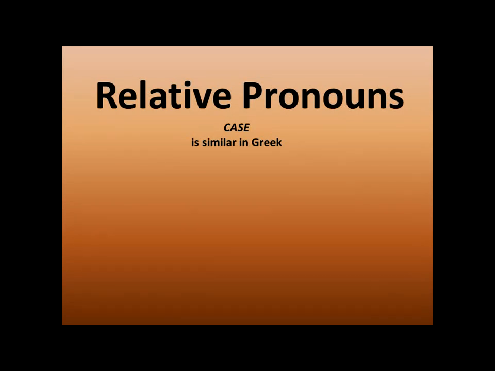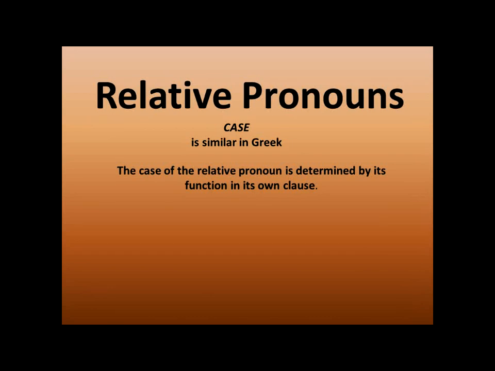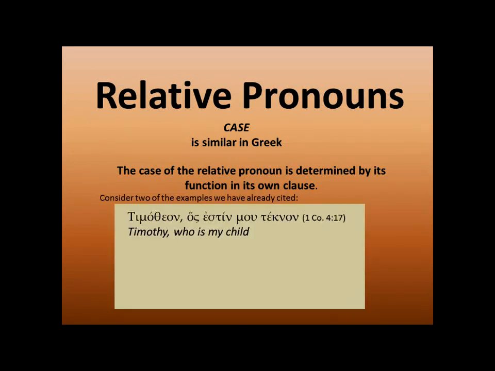Well, we have a similar thing in Greek. The case of the relative pronoun is determined by its function in its own clause. Consider two of the examples we have already cited. Timothen, has estin mu teknu, Timothy, who is my child. In the relative clause, has estin mu teknon, the relative pronoun has is nominative because it functions as the subject in its own clause.